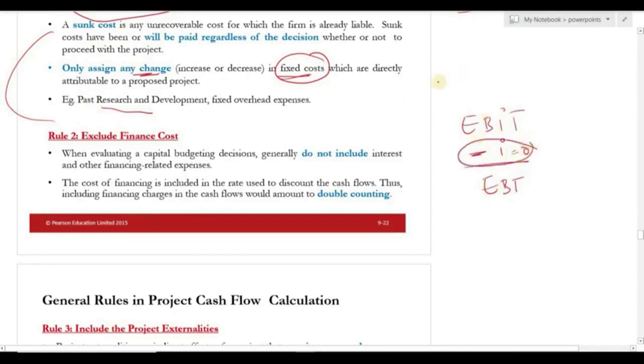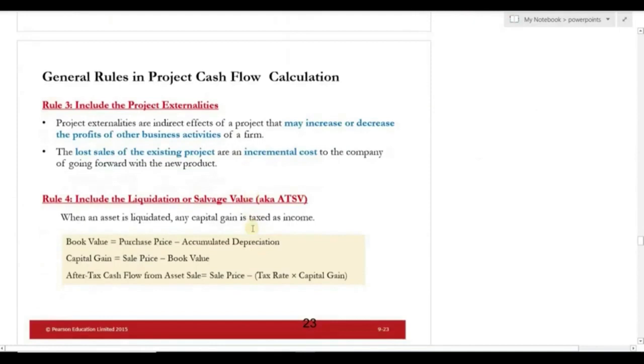Why? Because when we do the cash flow estimation, CF1 divided by 1 plus cost of capital, this interest rate is already in the cost of capital. So if we first subtract it here as well as divide by it, it will be double subtraction, right? So it will be double counting because we are using that in the denominator later on. So that's why we don't subtract it. So we are excluding the finance cost.